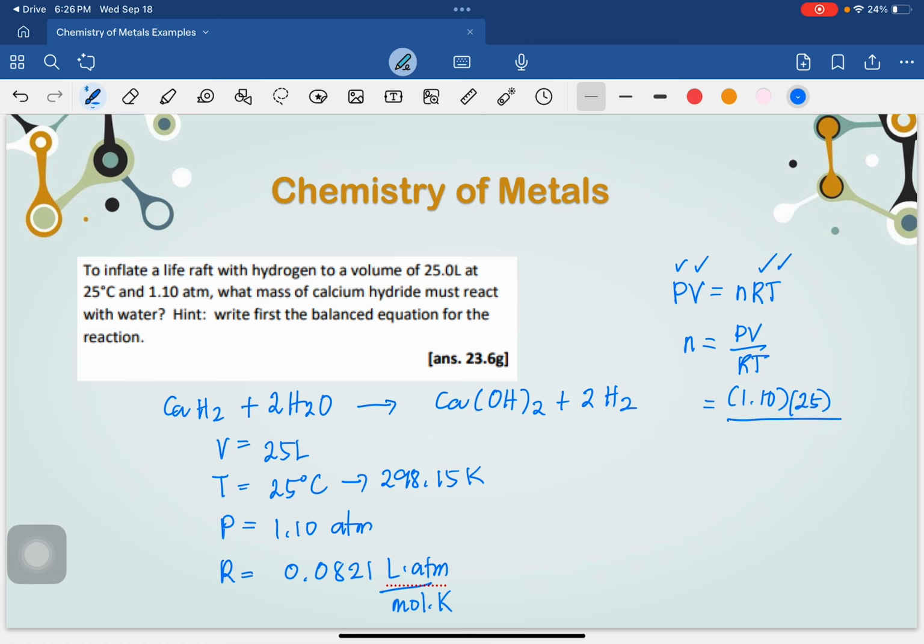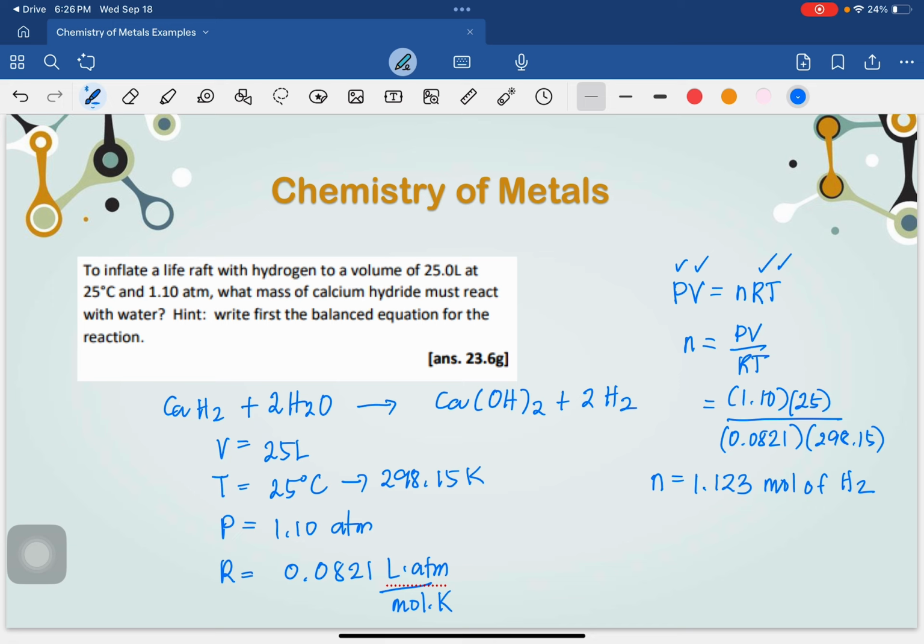I won't put the units anymore; maybe later on your own, you can insert the units, just because the space is too little. So this is 0.0821 times 298.15. And I'm getting n here as 1.123 moles of hydrogen gas.